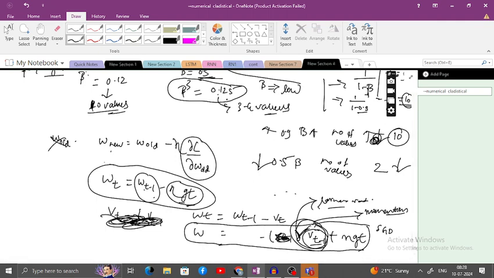What is this? This is the equation you get for the batch. The equation gets modified here for gradient descent: batch gradient descent, stochastic gradient descent, and gradient descent in general. Based on this, we are going to update the weights.